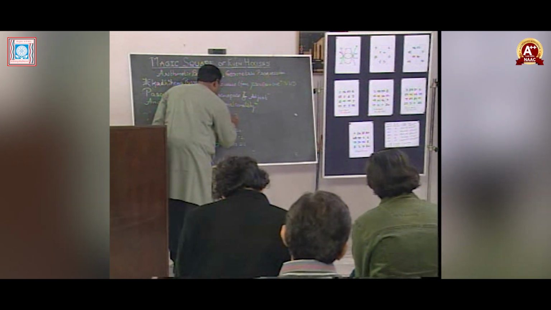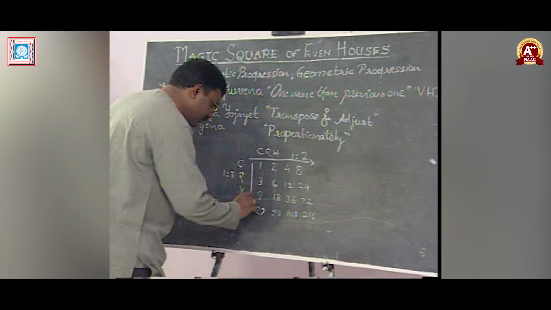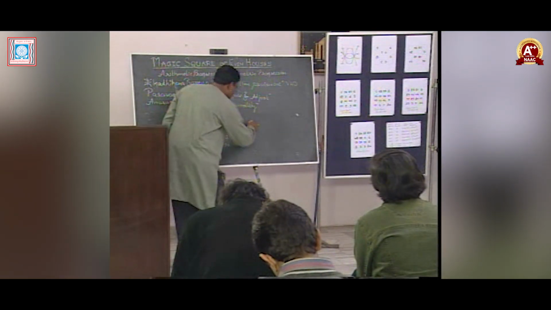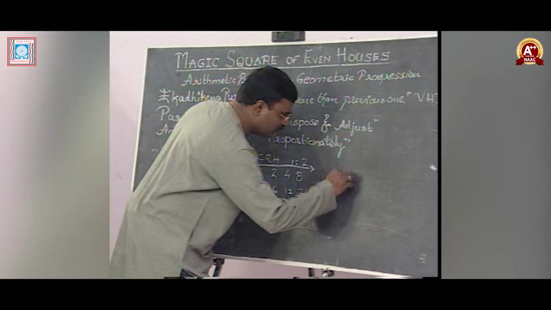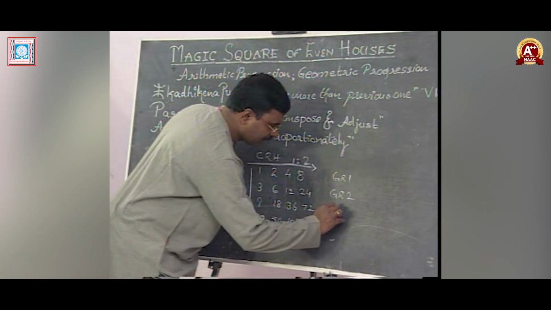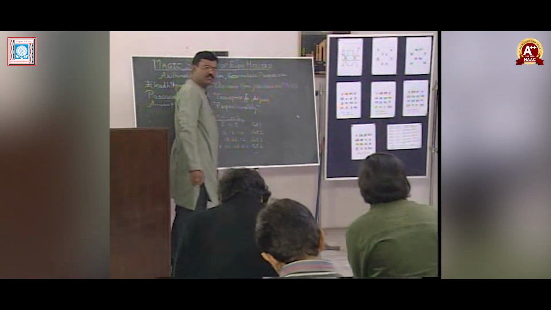This is the horizontal common ratio. This is the vertical common ratio. This is group 1, group 2, group 3, group 4.